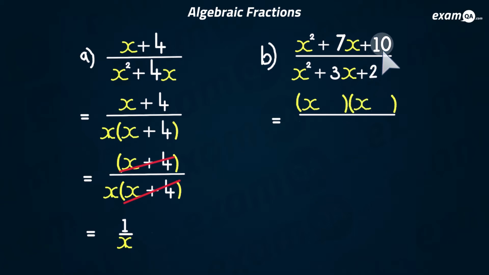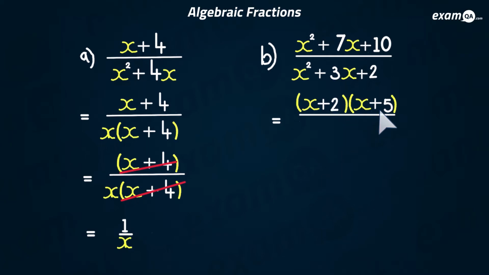You're looking at numbers which multiply to make 10. But they need to also sum together to make 7. So 1 times 10 does make 10, but it doesn't sum together to make 7. But 2 times 5 makes that 10, but it also sums together to make 7. So 2 and 5 is what we're looking for. And we've thrown them in there. So that's the numerator done.